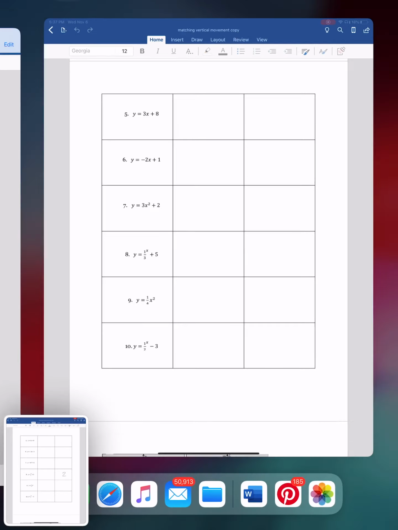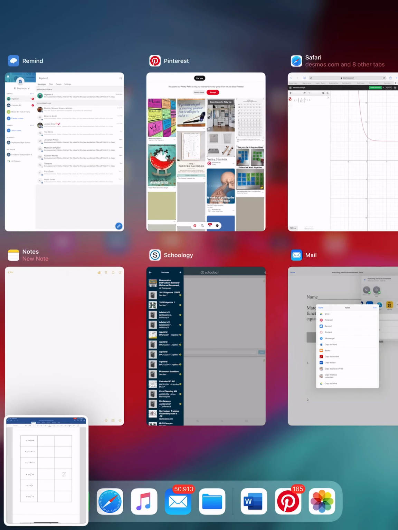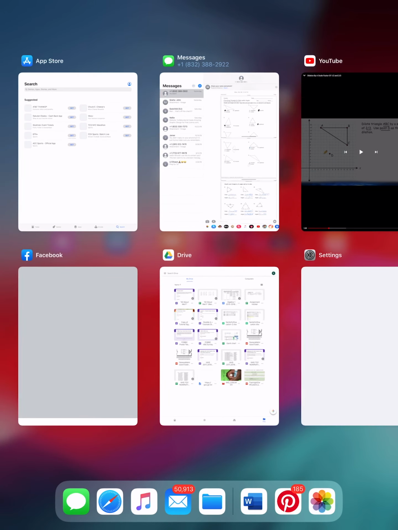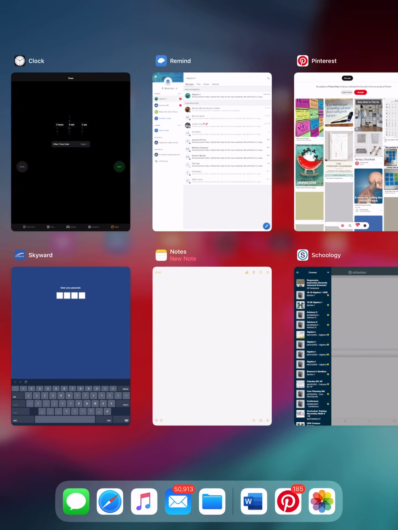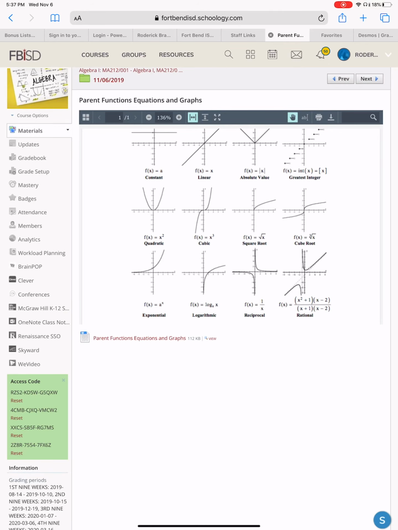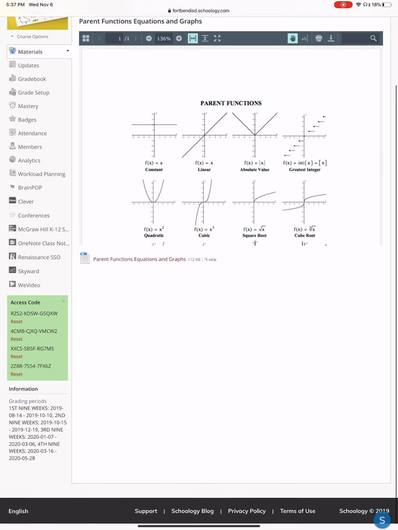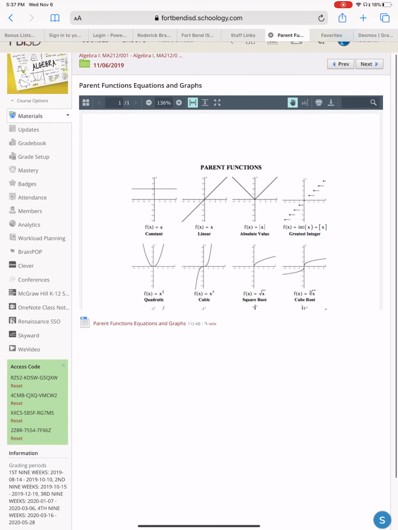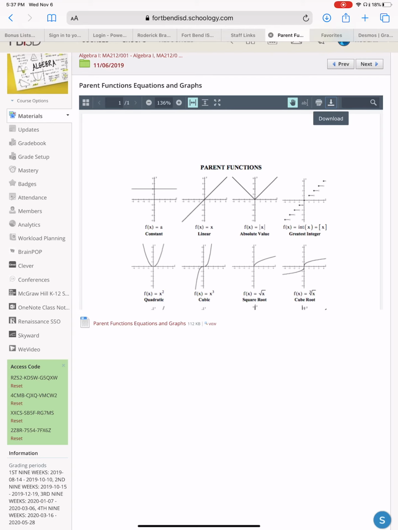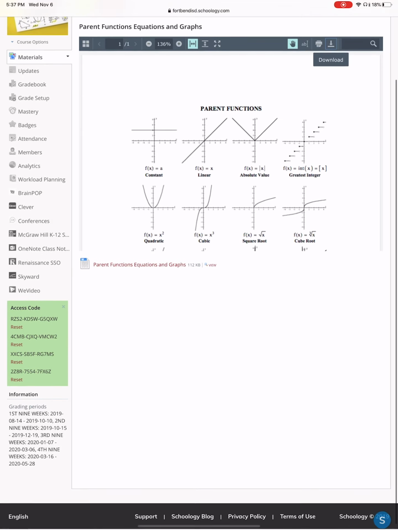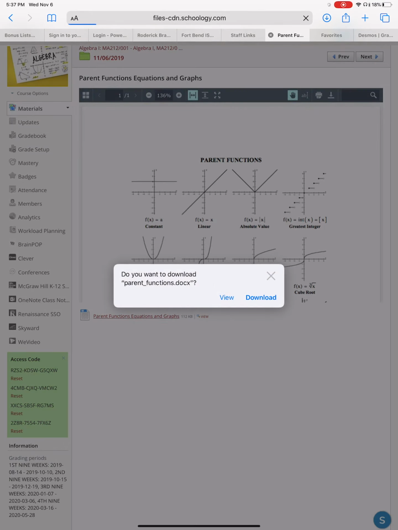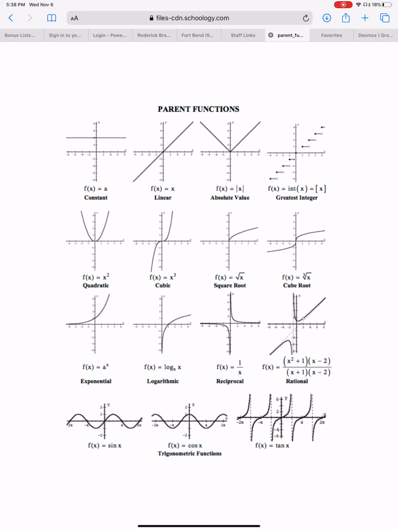And if I go to the one where we pulled up the pictures of all of the parent functions, of course, this is going to give me some problems, so let me download this. I'm going to just view. All right.